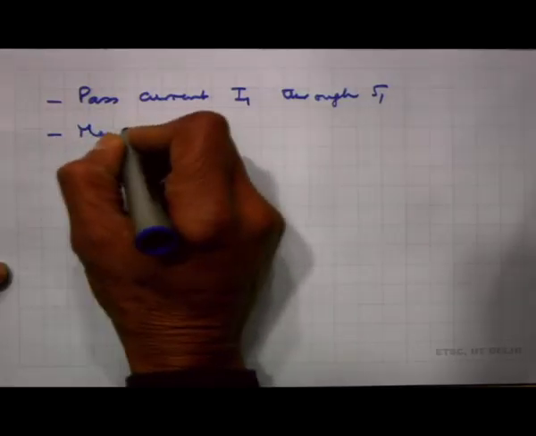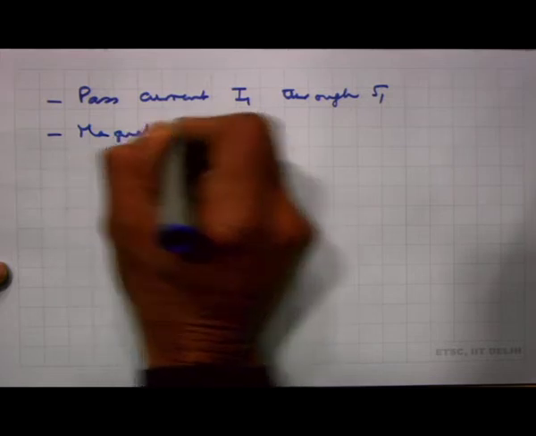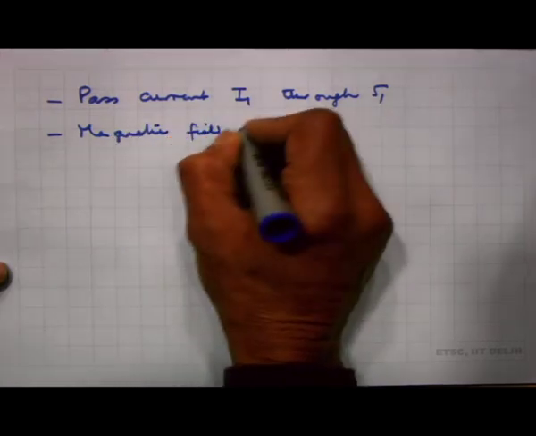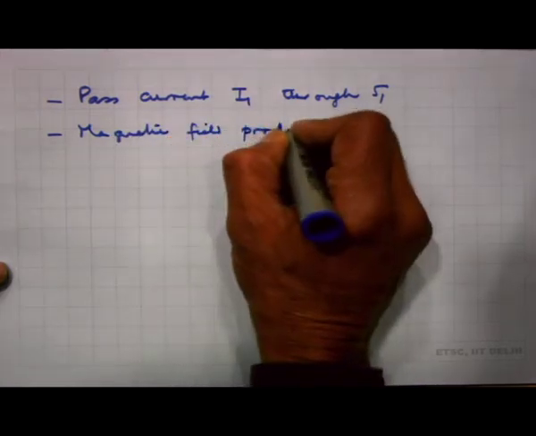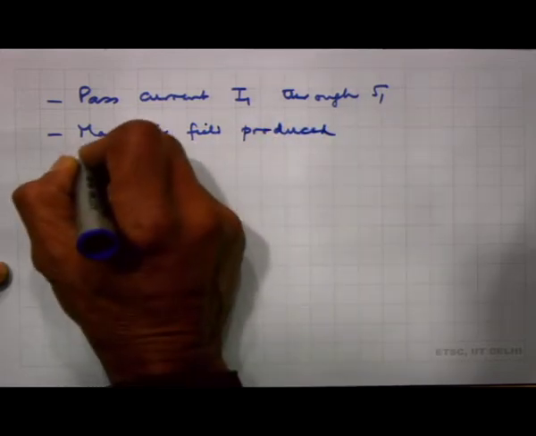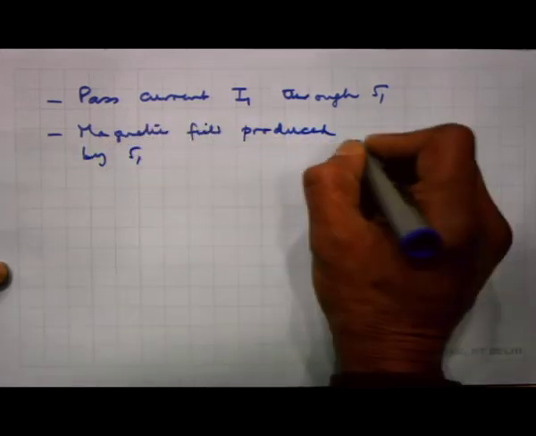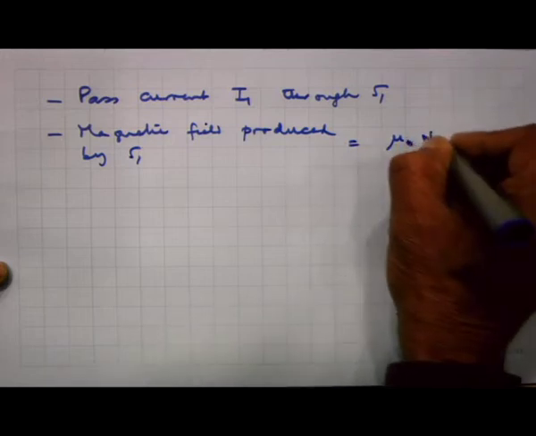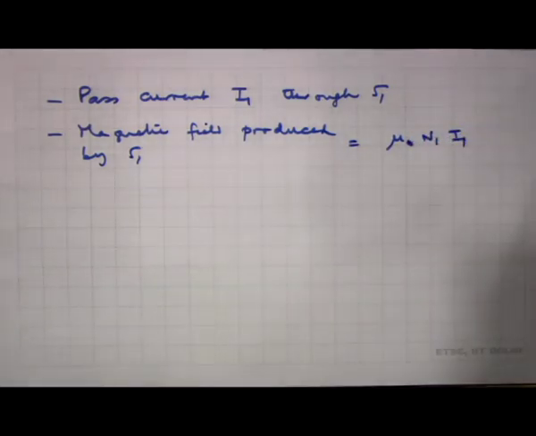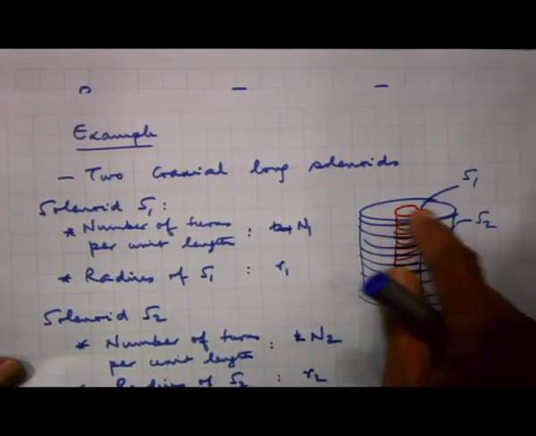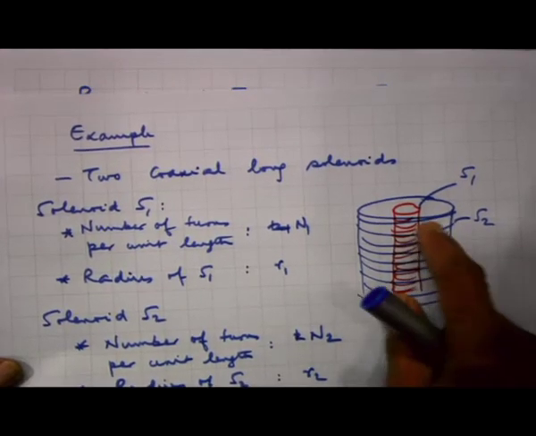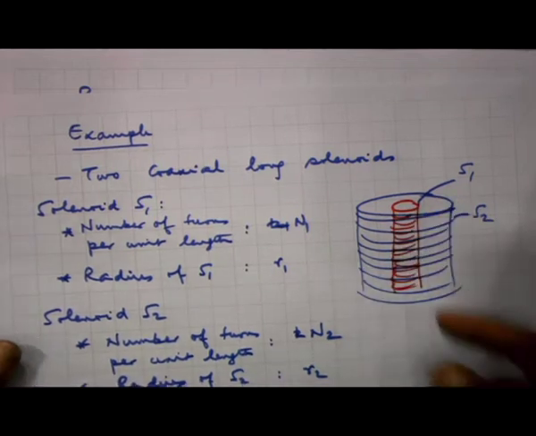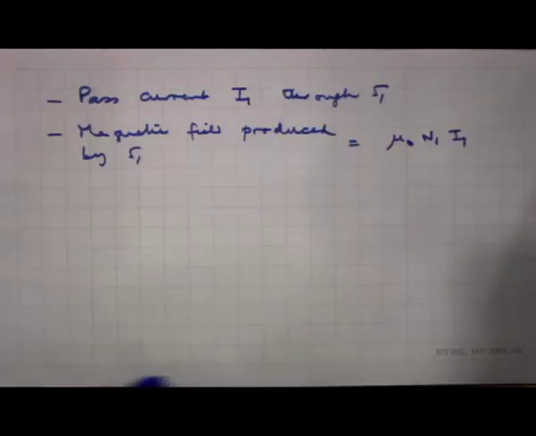So, the magnetic field produced by S1 is equal to mu naught N1 I1, and this is within the solenoid. Of course, I must remember that this magnetic field is generated within the solenoid S1, and there is no magnetic field outside the solenoid S1 when the current is passing through S1.